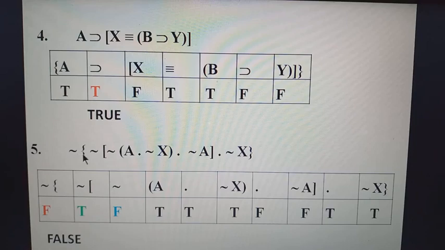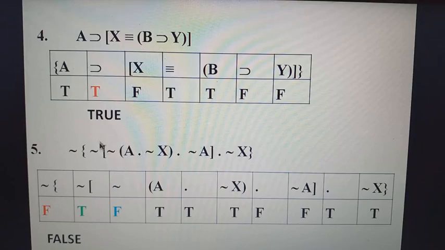We have this expression here. You must pay full attention here, probably because of the negations that we have all around it. Now, this is what happens. We say you begin from parentheses, you go on to brackets. This is the parentheses. When you are done, you go on to brackets.